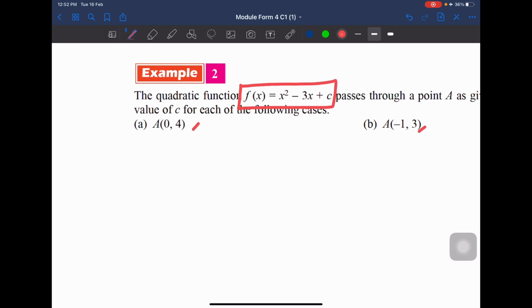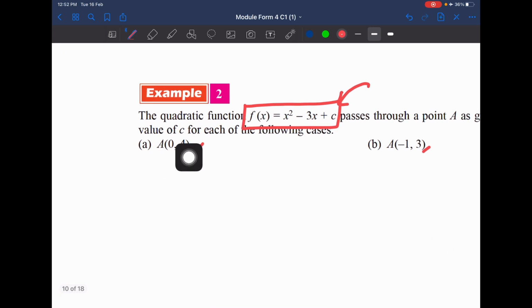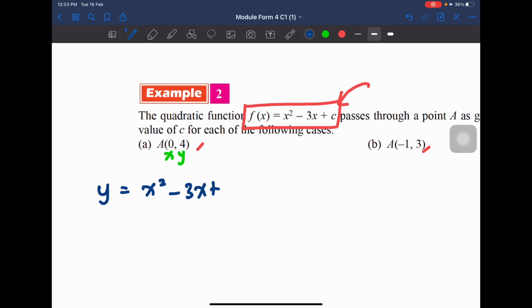Dia suruh kita find the y-intercept. Cara dia, substitute this coordinate into the function. Ni saya ada x and y. So how to find C? Dia boleh juga ditulis sebagai y is equals to x square minus 3x plus C.